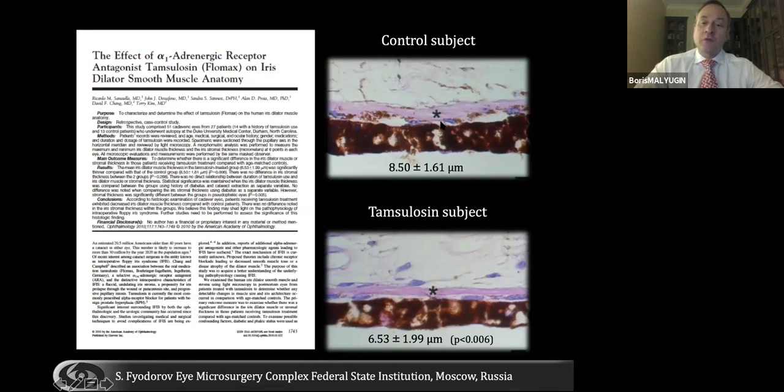This is a normal thickness of the dilating muscle, taken from a cadaver eye, and this is the thickness of the muscle dilating the pupil from a subject taking tamsulosin, and we see that there is a marked thinning of that muscle.